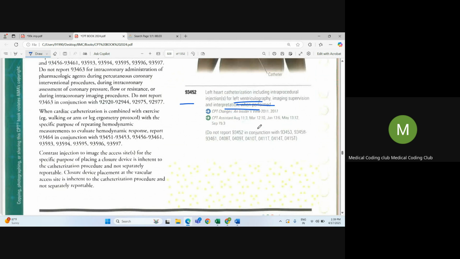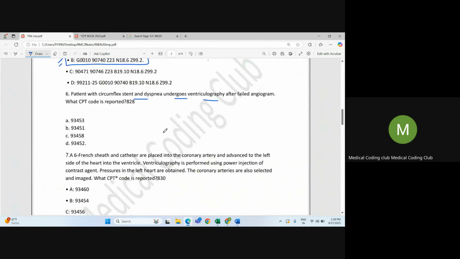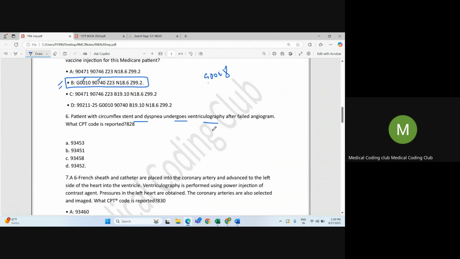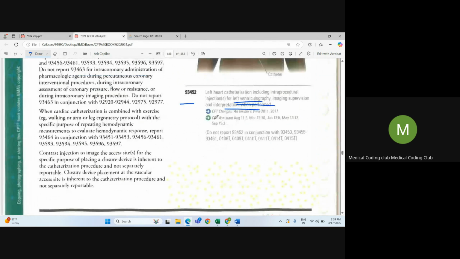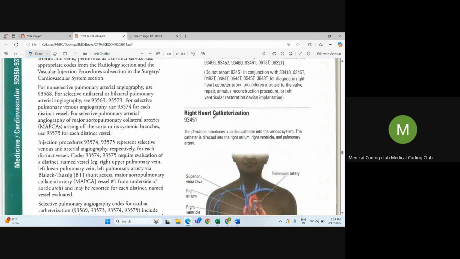For left ventriculography, undergoes ventriculography after failed angiogram, the answer is 93452. The question is a little incomplete here, since it's a keyword, the question will look like this. Whatever the procedure we have on catheterization, it is important.